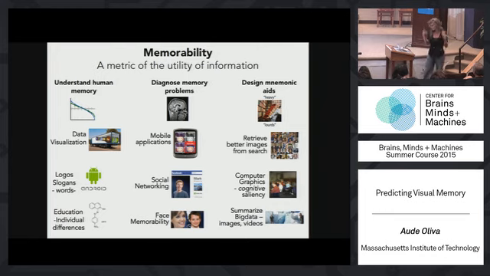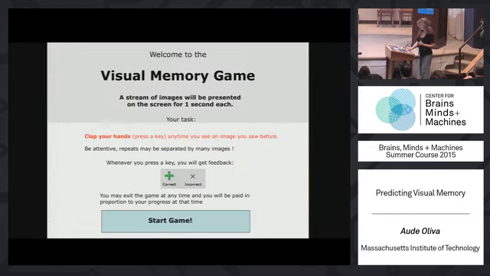There are also applications in social networking, faces, retrieving better images, and so on. Understanding what makes information memorable or forgettable is a very interdisciplinary question and something very exciting to work on, because there is a lot of future in this topic.